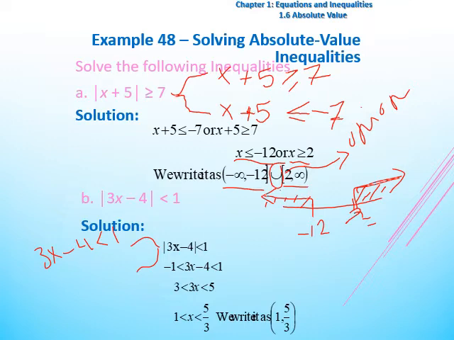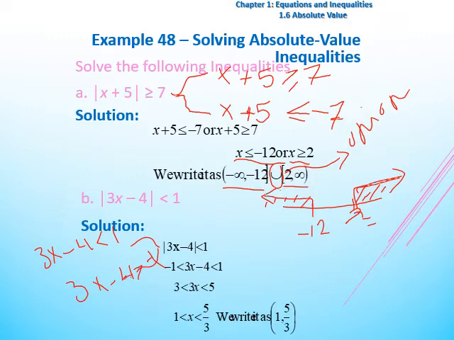The other inequality is 3x minus 4, with the direction of the inequality sign changed and the sign of the right-hand side changed to negative 1.